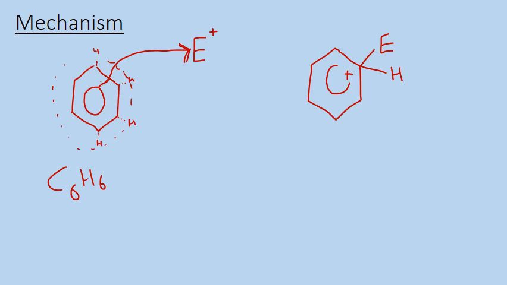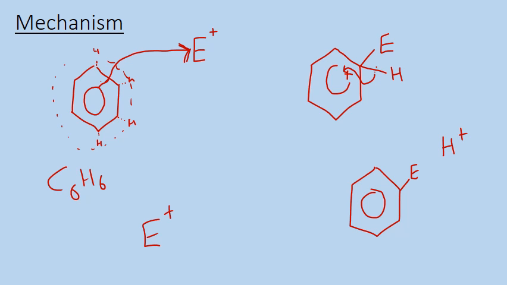And what happens is this pair of electrons from this bond now go back into the ring, and that releases H+, and it allows us to re-establish the ring, and we now have our product. So what we've essentially done is we've substituted the E+ and the H+. Okay, that's what we've done.